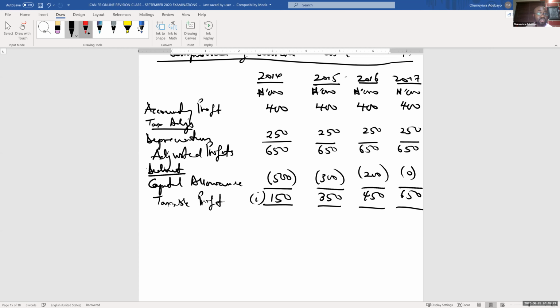Next, we obtain our tax rate. What is our tax rate? It's 40%. And this 40% remains constant over the 4-year period.